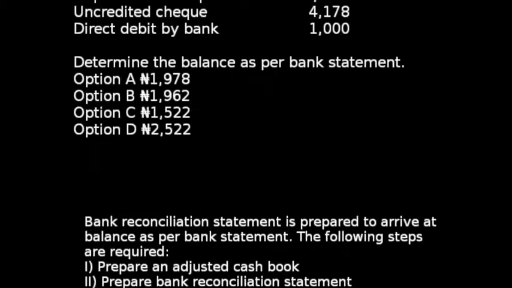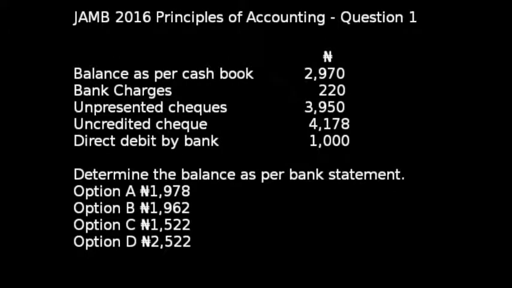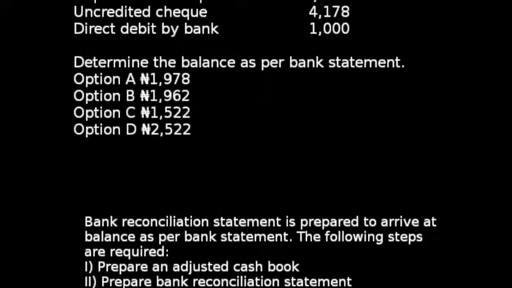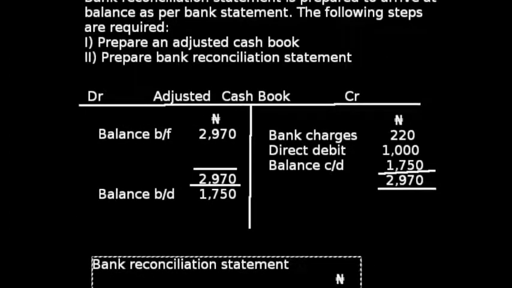Now, balance brought forward is balance as per cash book, which is 2,970 naira, and that's a debit balance, so it should be posted to the debit side.